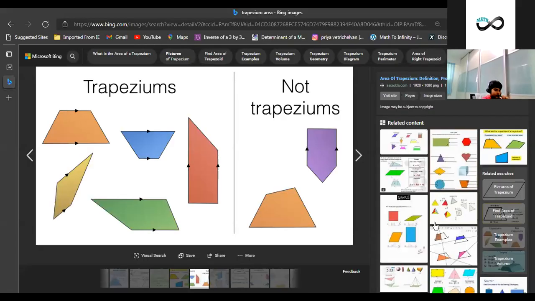Share the screen. First, I'll show you the diagram and then I'll explain what is trapezium.